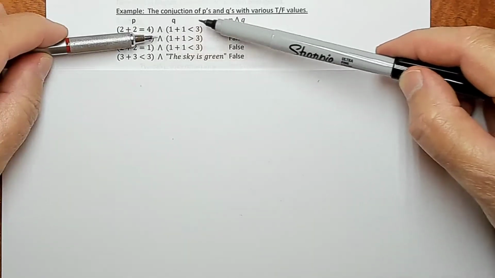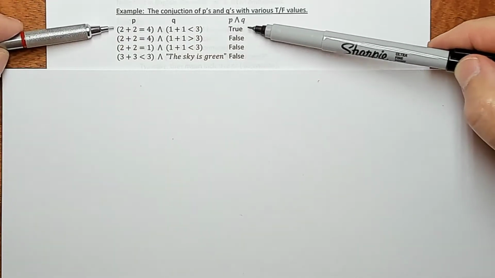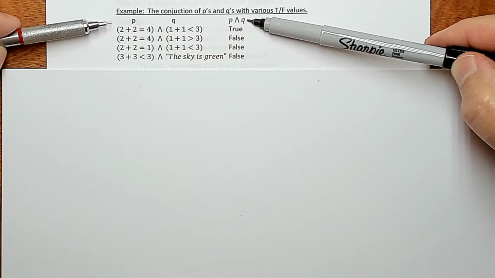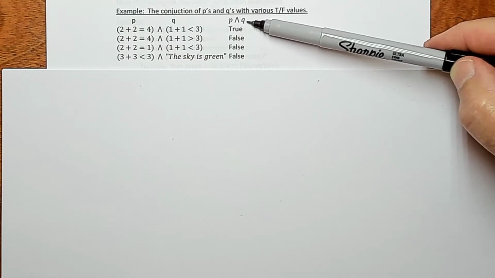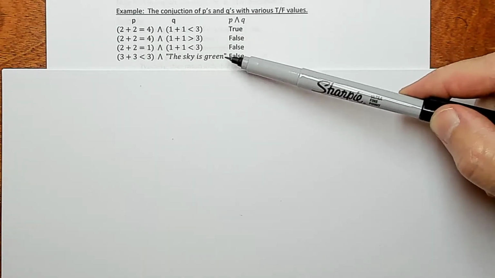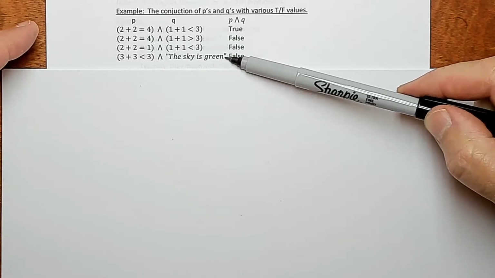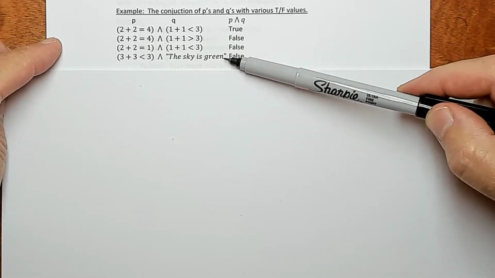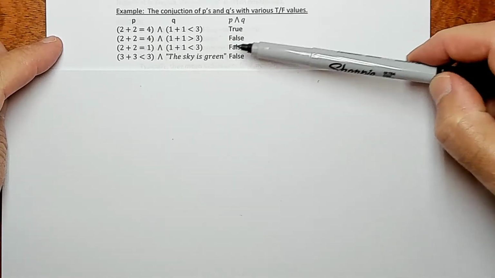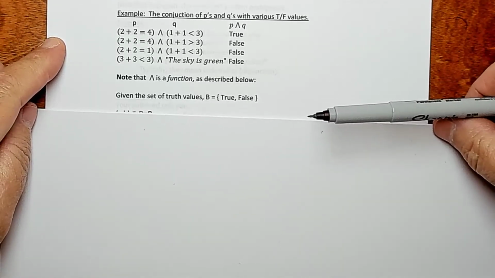So 2 plus 2 is 4, that's true, and 1 plus 1 is less than 3, that's true. So we're ANDing those two together, and we get true for the compound proposition, right? That's the way we think of it in programming with just numeric expressions. If you threw in an English statement in there, it would look a little bit like this, but it's starting to look less like it would compile. But anyway, that's conjunction.